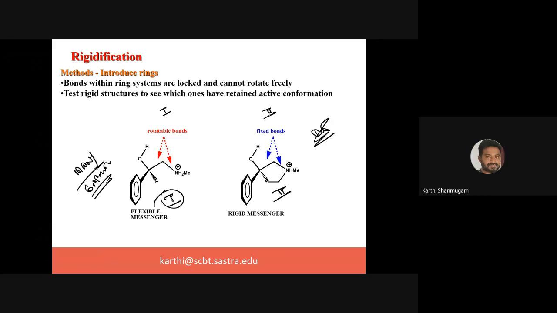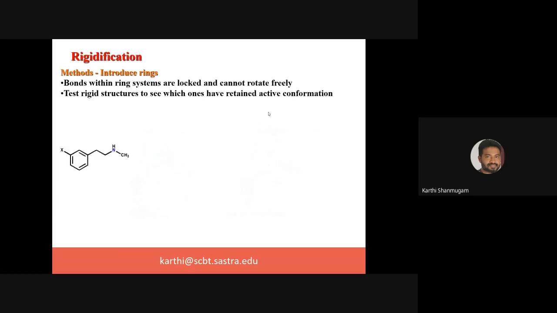The second molecule is now selective. How did we achieve the selectivity? What is the strategy used for selectivity? Rigidification. That is what is called rigidification.